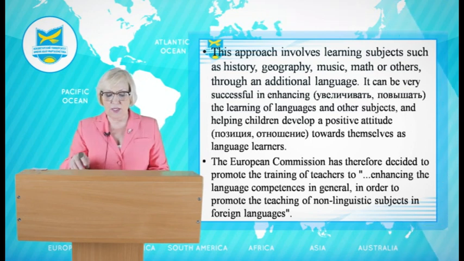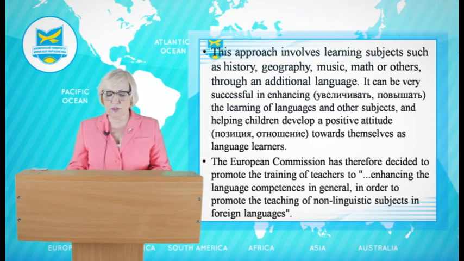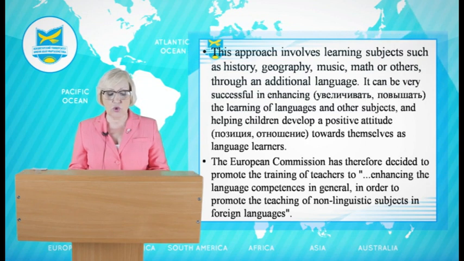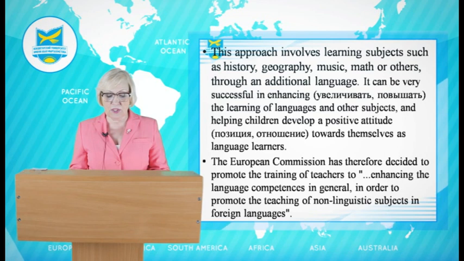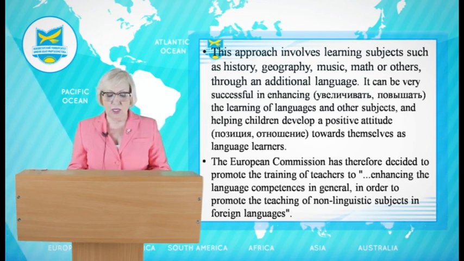Psychology allows the methodologist to determine the so-called psychological content of teaching: what habits and skills should be developed in pupils to acquire language proficiently.